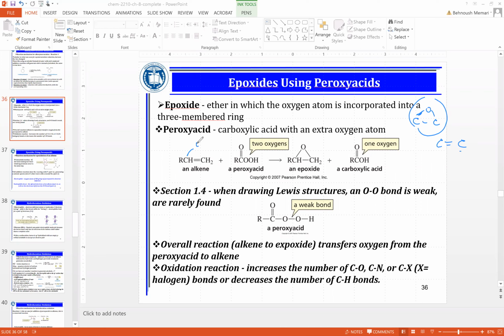Where would you get that oxygen? You use a peroxy acid. What is peroxy acid? What is hydrogen peroxide? Hydrogen peroxide has this formula. So carboxylic acid, let's say if I have benzoic acid, it looks like this. So I don't use acetic acid all the time. That's benzoic acid.